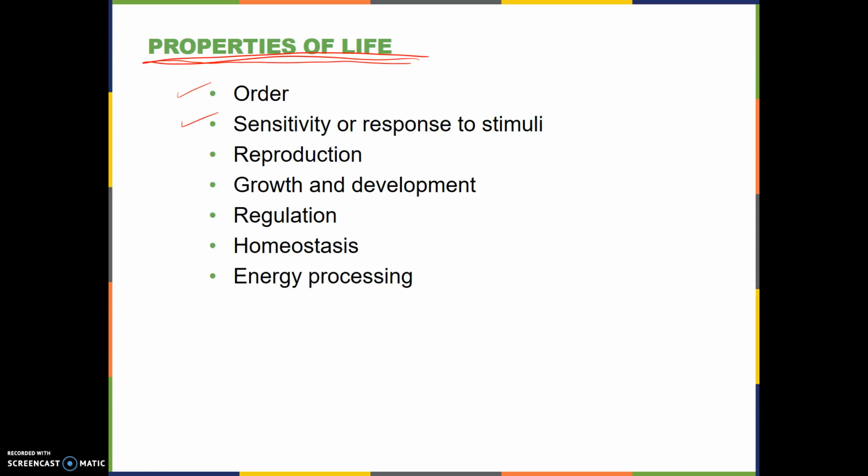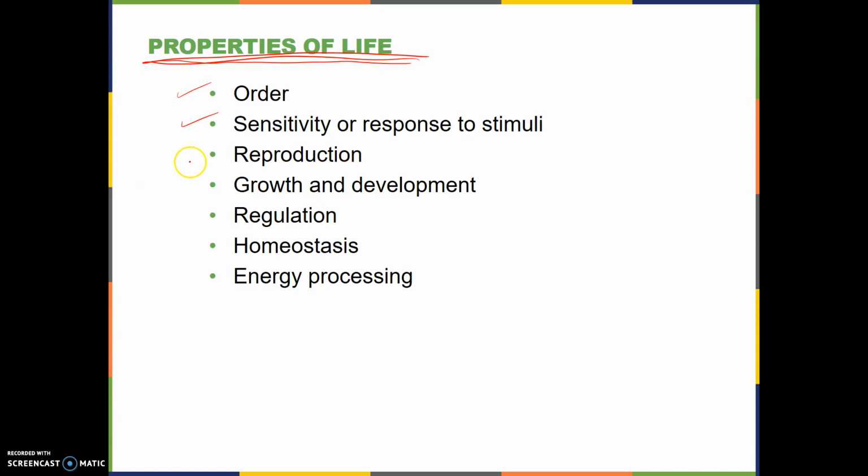Some smaller organisms or plants will respond to light, for example. We respond to pain, you know, in different ways. We might say a bad word or something, or if we touch something that causes us pain, we'll pull our hand away.